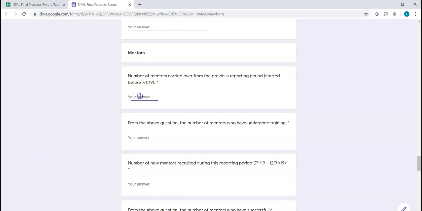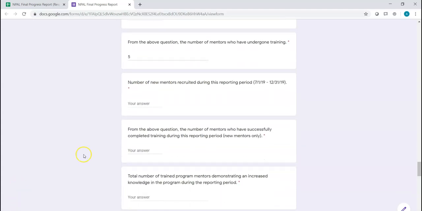As an example, I'm just going to put 5 here. Next question: from the above question, the number of mentors who have undergone training. This should be all of your mentors. All of your mentors should go through training if they're going to be involved in the program. So I'm going to put 5 here.